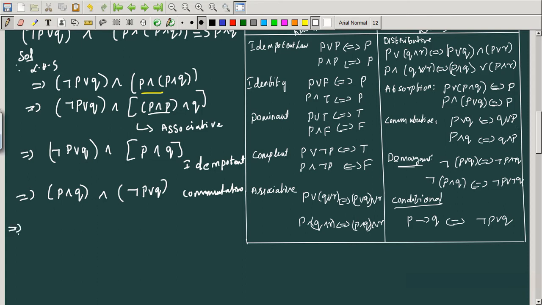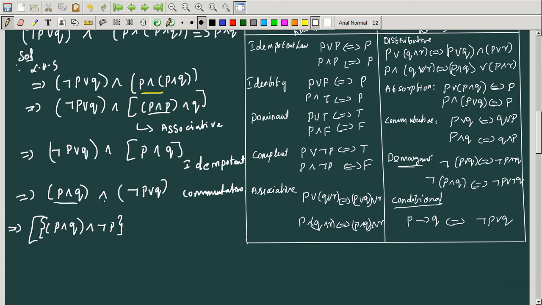So next I'm going to apply the distributive law. You know what the distributive law is. So let's see, here you have to take a single proposition: P and Q and negation P. If you want, you can differentiate the bracket.